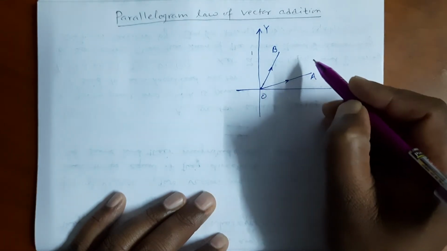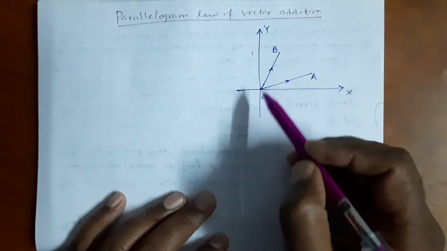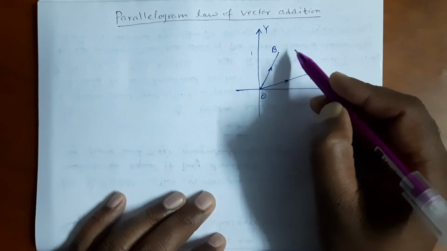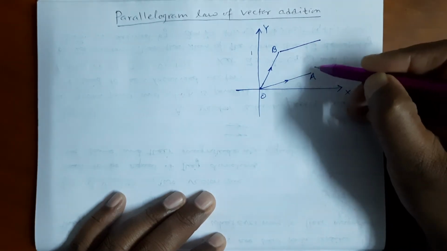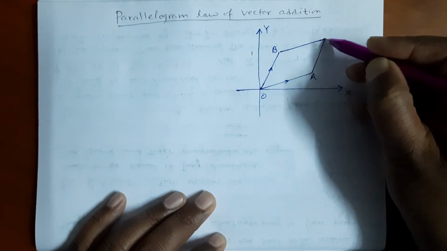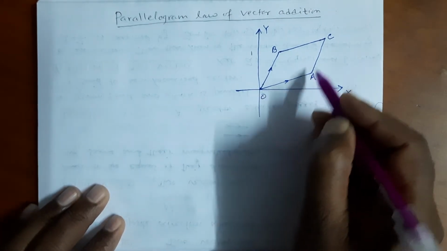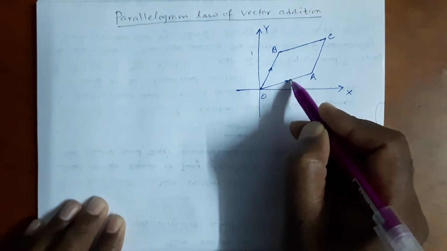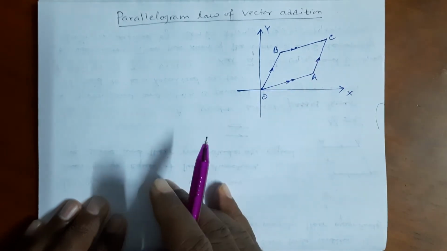Let's make the parallelogram OACB with OA and OB as its adjacent sides. Now OACB is the parallelogram. Here OA is parallel to BC and OB is parallel to AC.